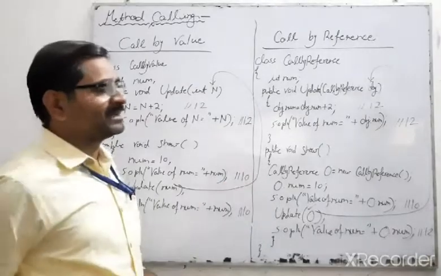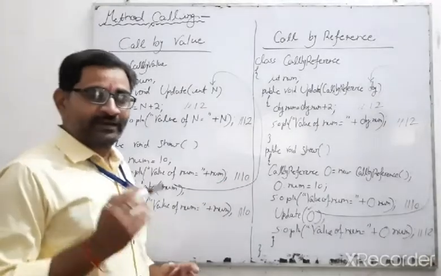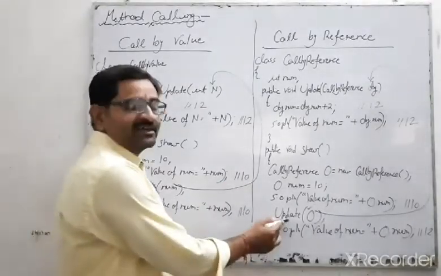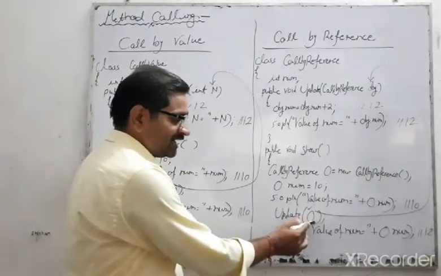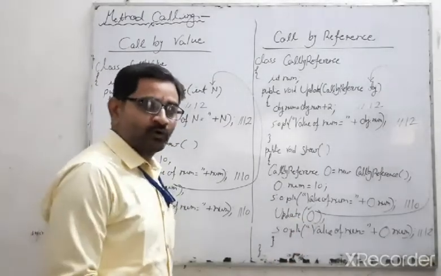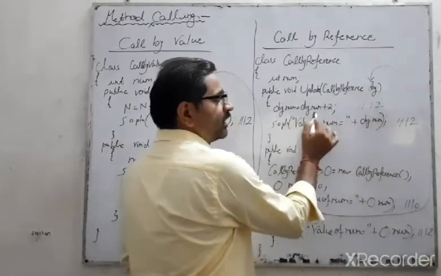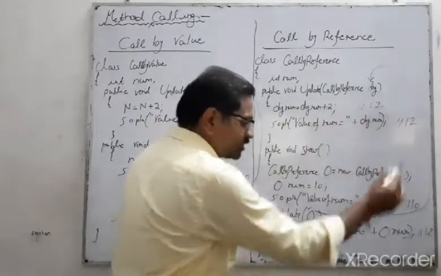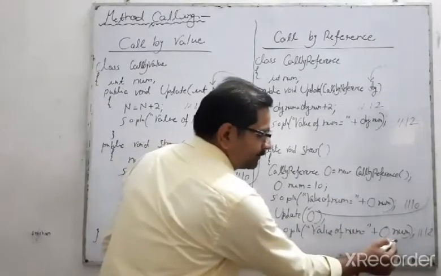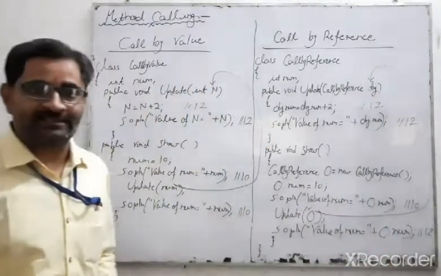And in case of call by reference, first point, when you call a method, you should pass a non-primitive data type value, okay? And when you make any kind of change in the formal parameter, that will also reflect to the actual arguments.